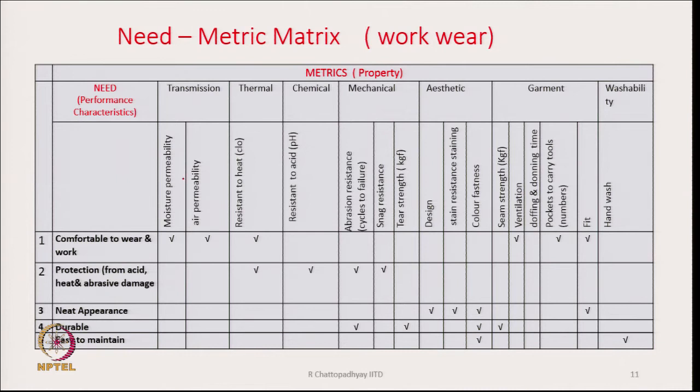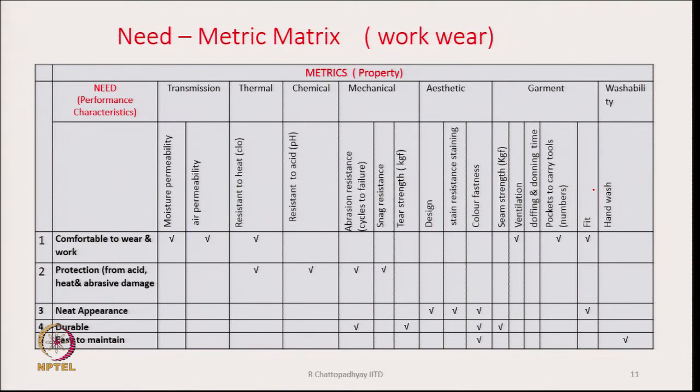Like air and moisture permeability is important, resistance to heat is also important, then ventilation from the garment point of view is important, then pockets to carry tools and all should be there. So, the number of pockets becomes important, the fit also becomes important. So, we have a list of properties on the right hand side, and whatever we feel they are relevant, we just tick them. So, comfortable to wear and work depends upon these aspects. These are the relevant metrics for it.